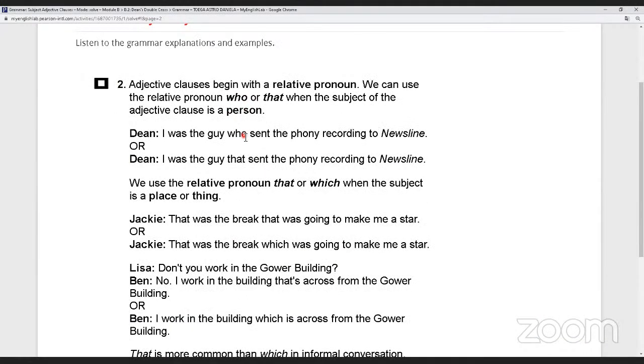Adjective clauses begin with a relative pronoun. We can use the relative pronoun who or that when the subject of the adjective clause is a person. I was the guy who sent the phony recording to Newsline. I was the guy that sent the phony recording to Newsline.